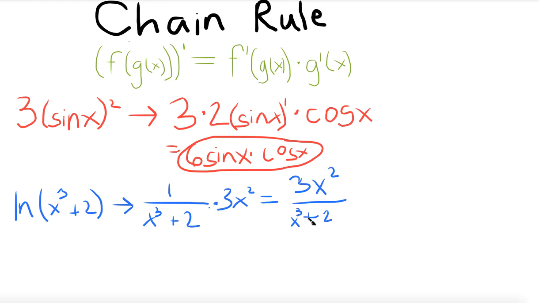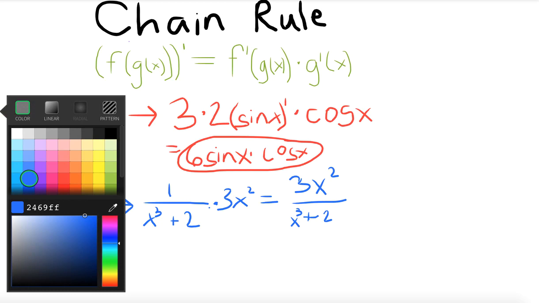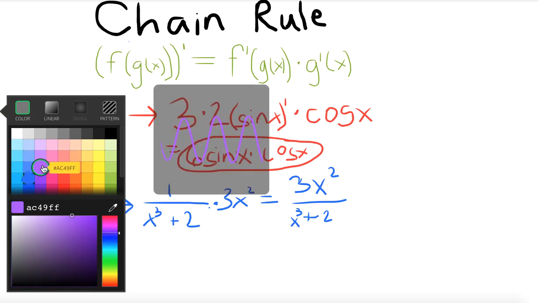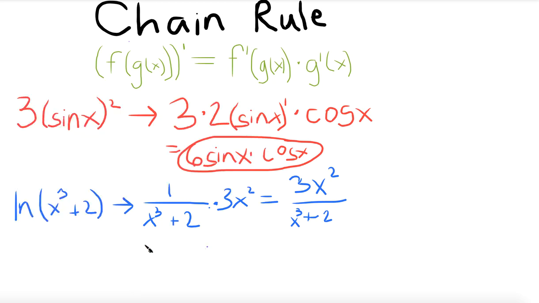Okay, if this looks confusing, you can always take the x's out of it, and it helps to just look at f prime g times g prime. But let's try one more example. That should be helpful. Okay, so we can do sine of x squared.